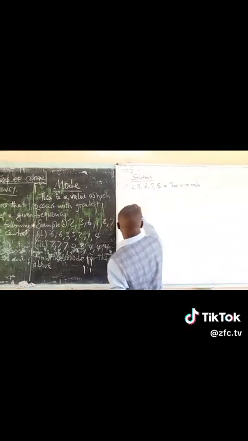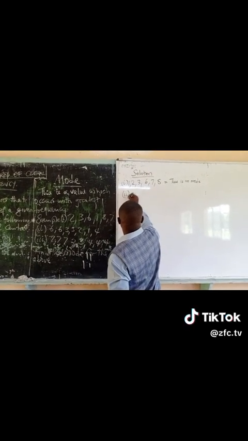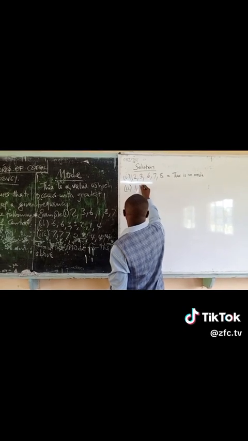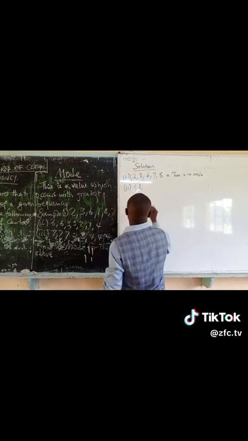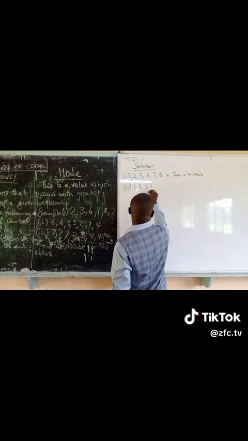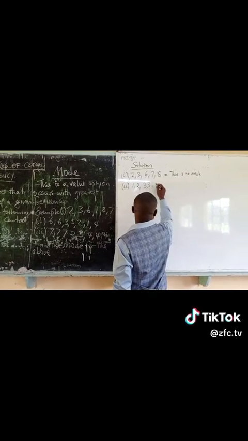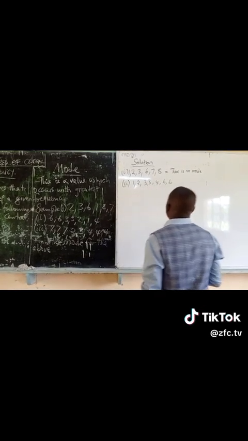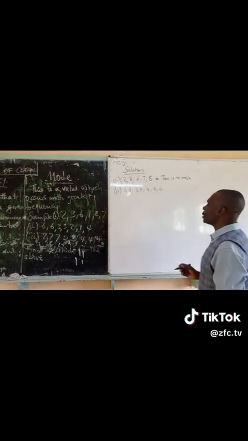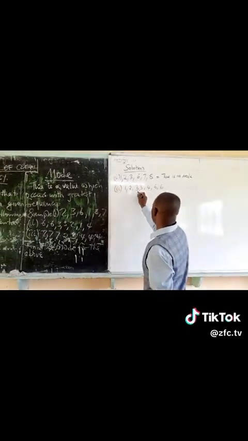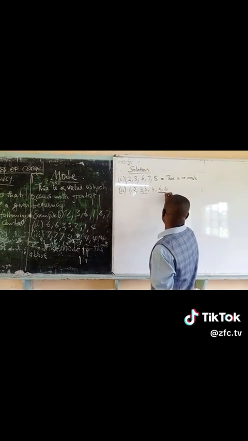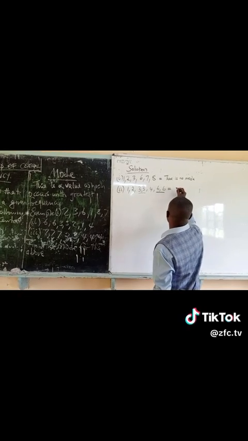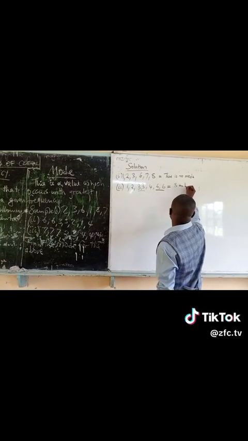The second one, you can find that there also we put them according to magnitude. So we start with 1, 2. You can see that 3 appears twice, so 3, 3. Then also we have 4, then 6, 6. If you check in this one, the numbers which appear the most are 3 and 6, twice each. So the mode is 3 and 6.